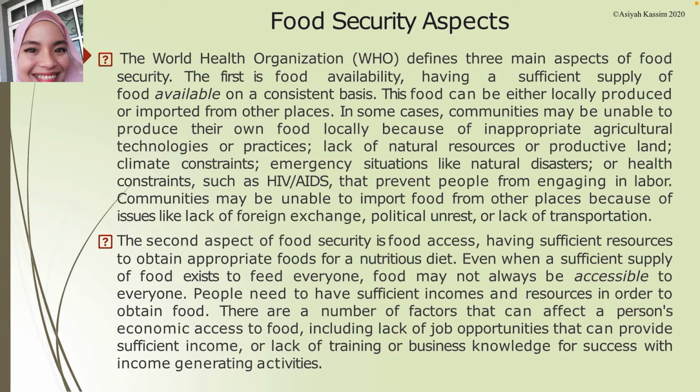So basically, according to the global index report, dia kata 20.7% of Malaysian children under 5 years old are stunted. Maksudnya apa? Dia punya growth tu kan, tumbuh besaran dia terbantut, sebabkan malnutrisi yang telah berlaku dalam household.